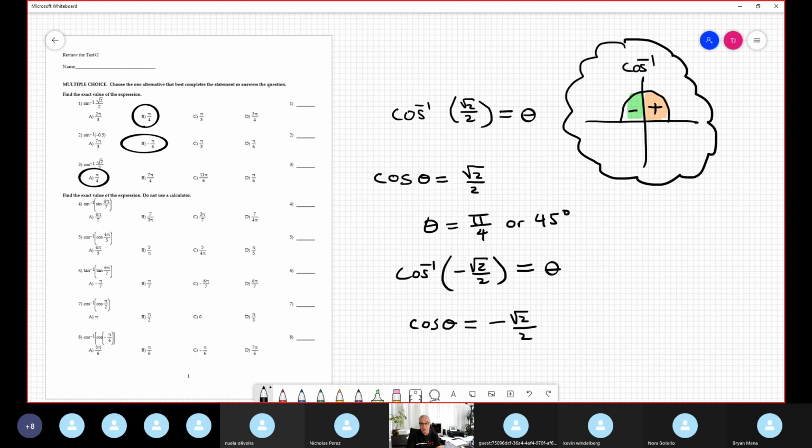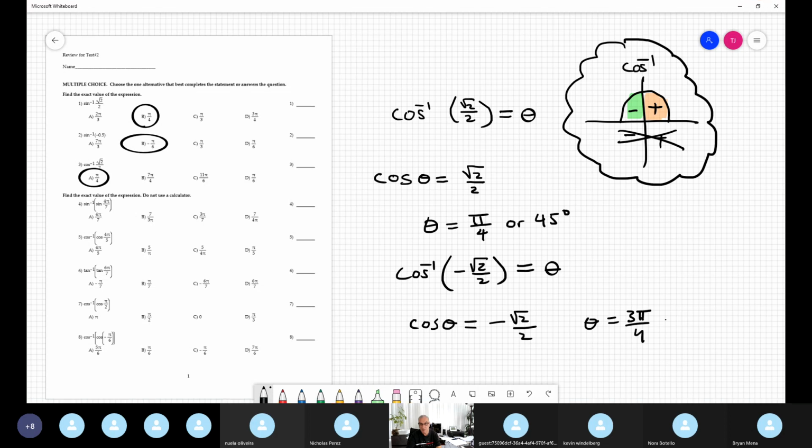And the question says, well, professor, but I know that in the third quadrant the cosine is also negative, and in the fourth quadrant it is positive. But the cosine inverse is not defined in this quadrant. So I focus the answer in the second quadrant, which is theta equal to 3 pi over 4, or 135 degrees.